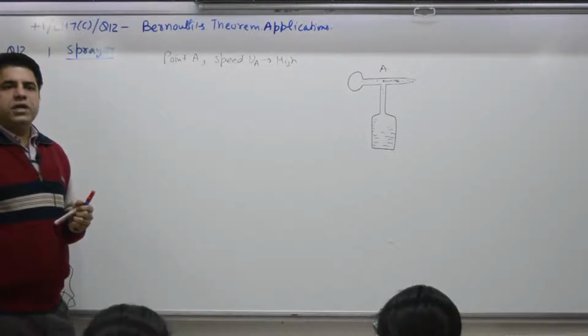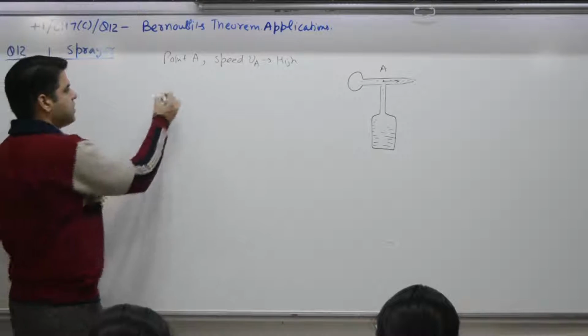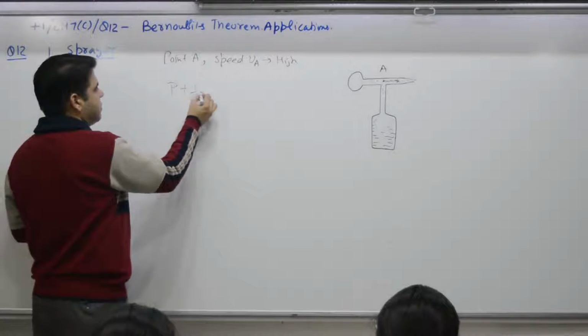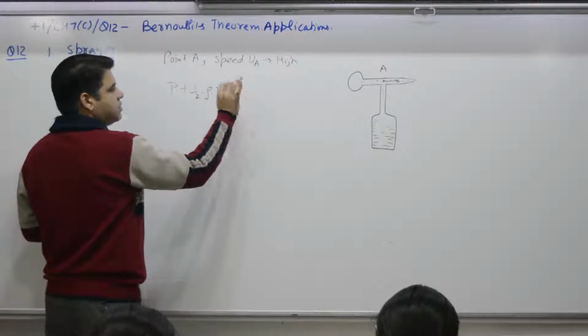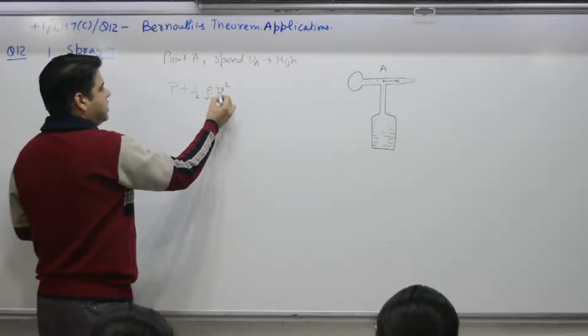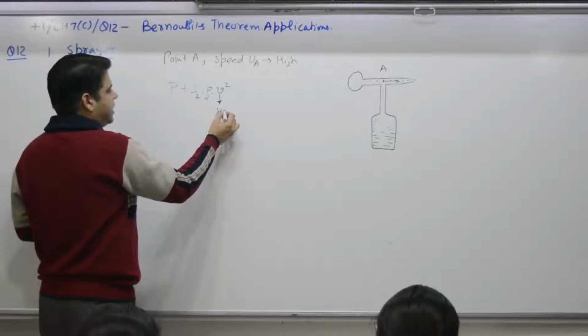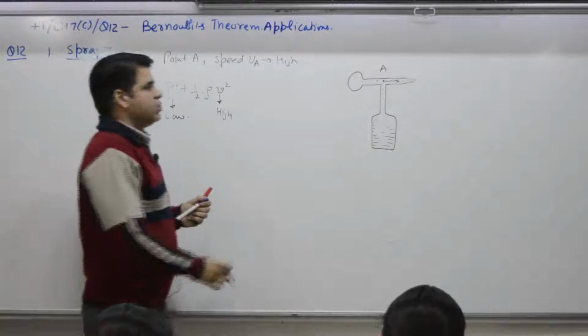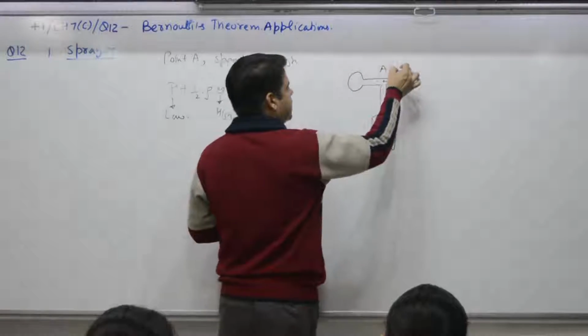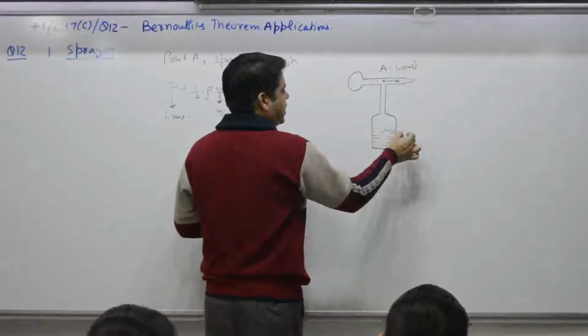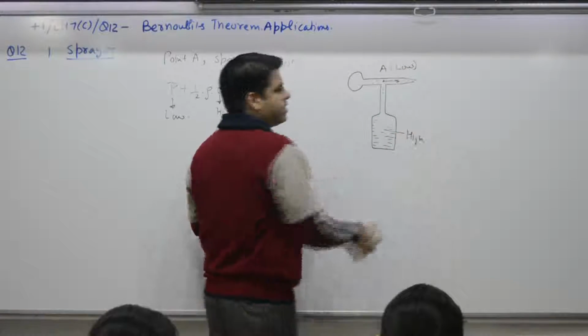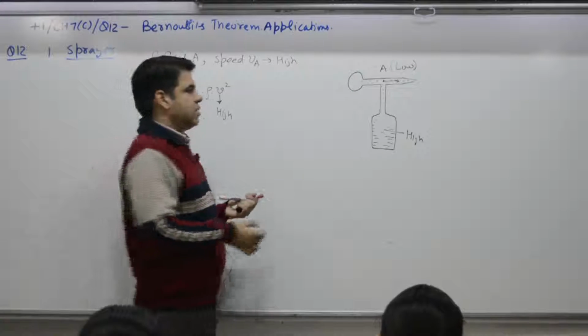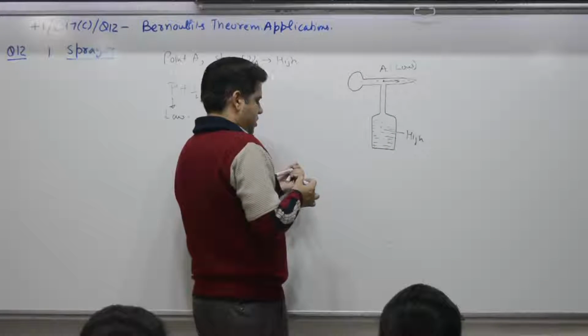If at any point speed is high, by P plus 1 by 2 rho V square, suppose we are not taking into account gravity, if V is high, pressure is low. So at point A, pressure is low. At this point, pressure is high. That is why perfume will move upwards.